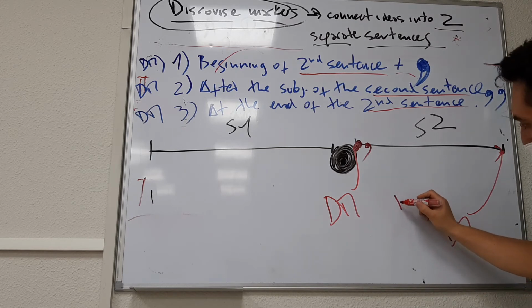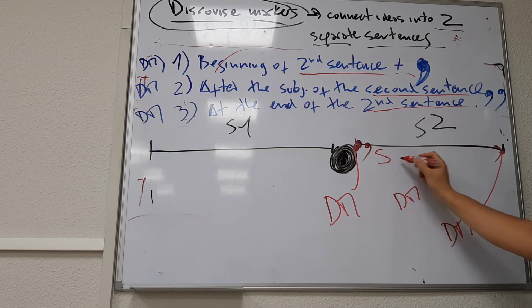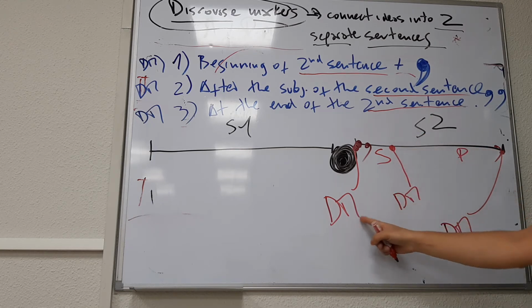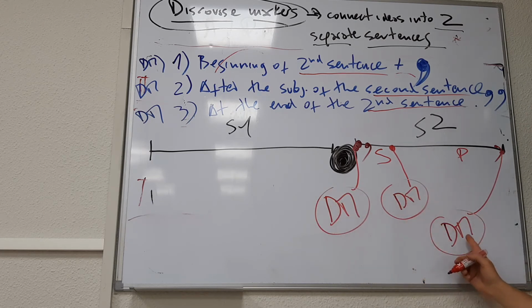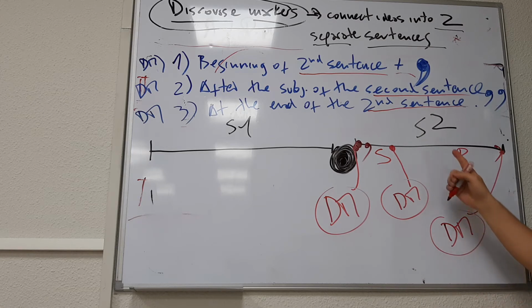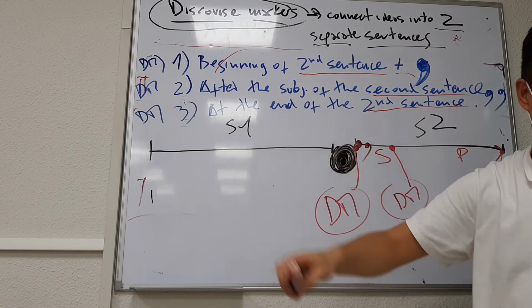And you may have a discourse marker here. Remember, this is a sentence with a subject and a predicate. So after the subject, 3 possible positions for a discourse marker. Notice, always in the second sentence, not in the first sentence.